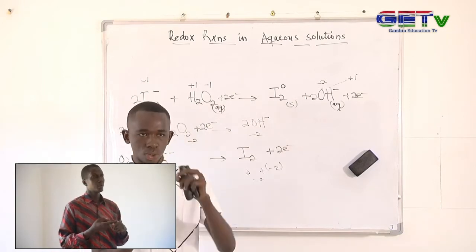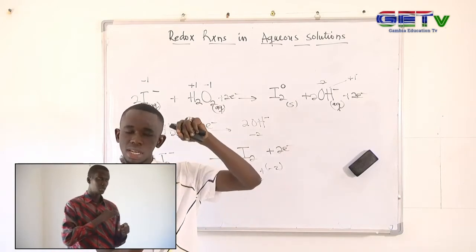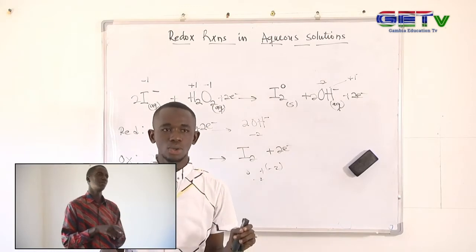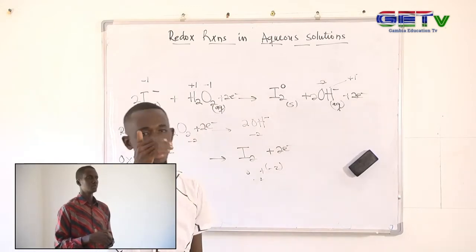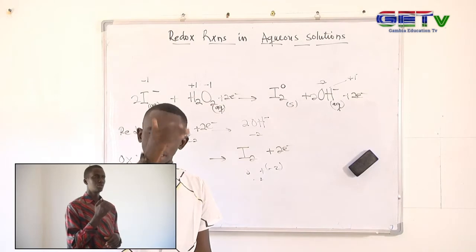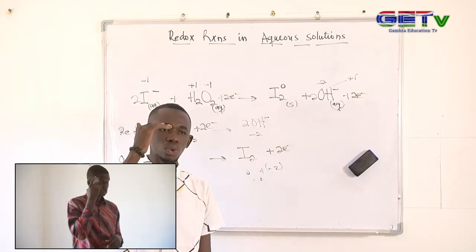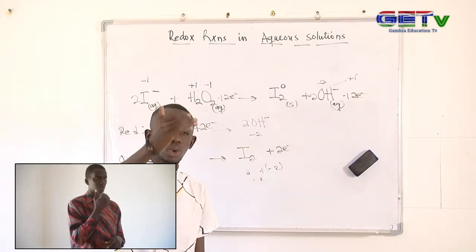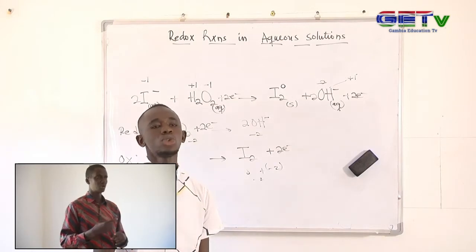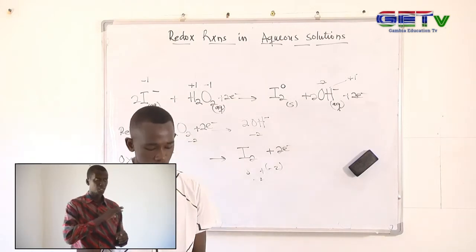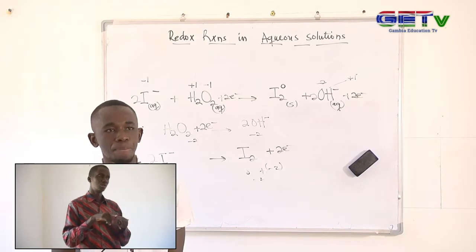And you cannot cancel two electrons that are not equal. So therefore, you must use the integer that will help you to make the electron gain and the electron loss equivalent. In that case, you will be able to cancel them.